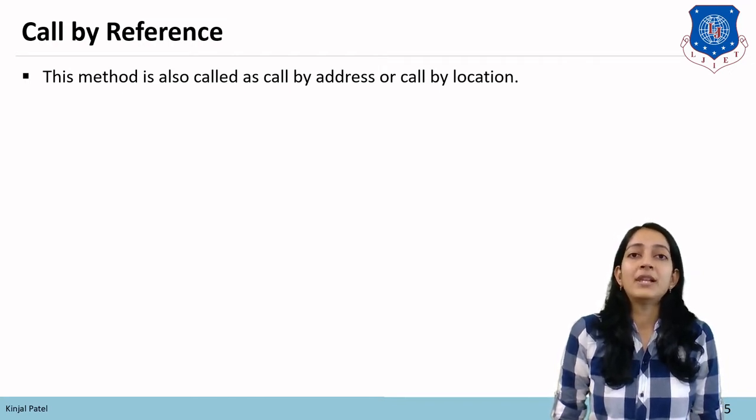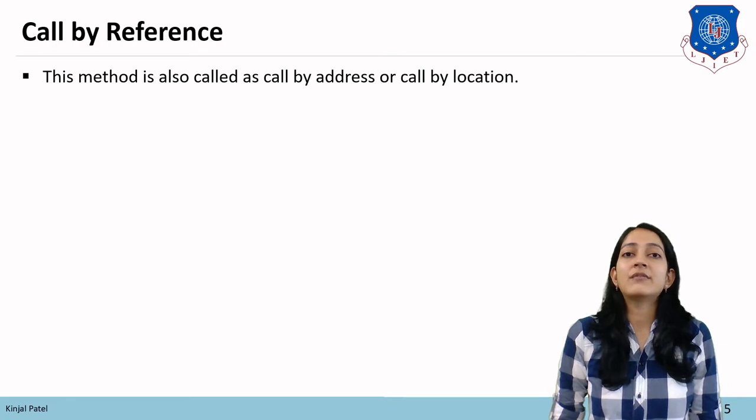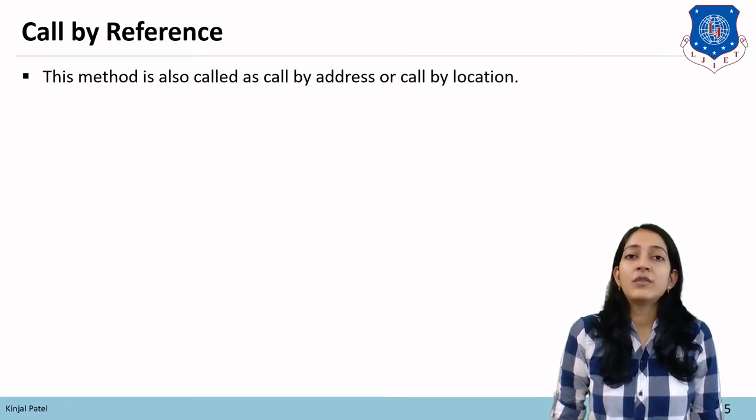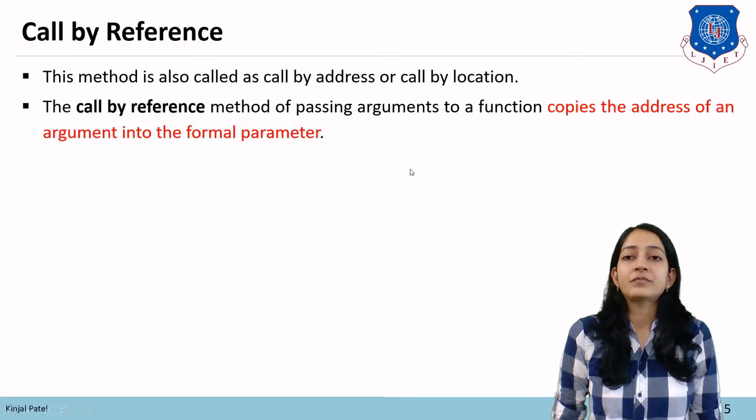For example, there is one expression x equals x plus 1. So we won't pass the value x plus 1, we'll give the reference of its left hand side, which is x. But if there is only the variable x, then we'll directly give the address or the location of that variable x. So the call by reference method of passing an argument to a function copies the address of an argument into the formal parameter.